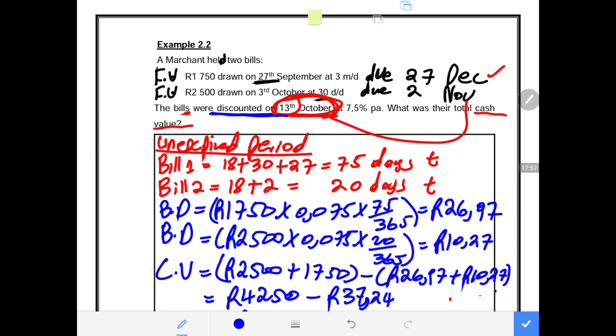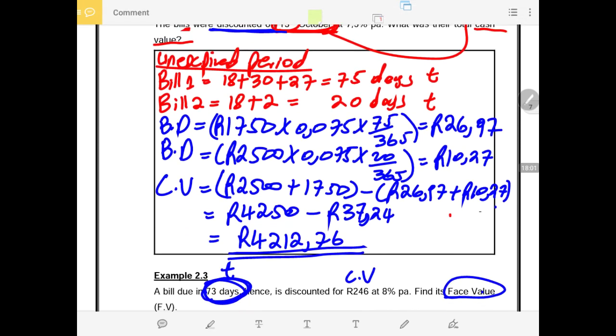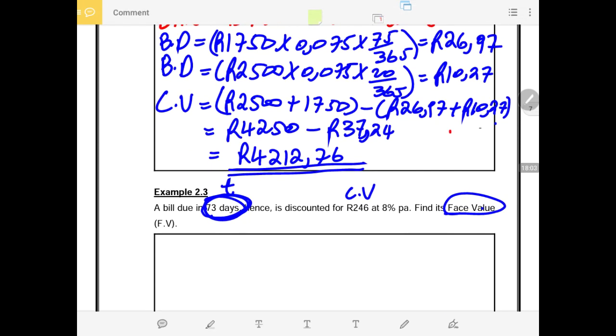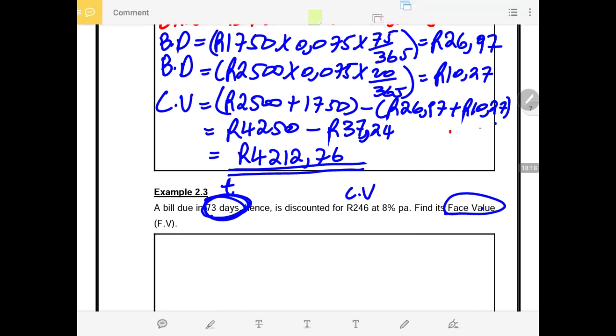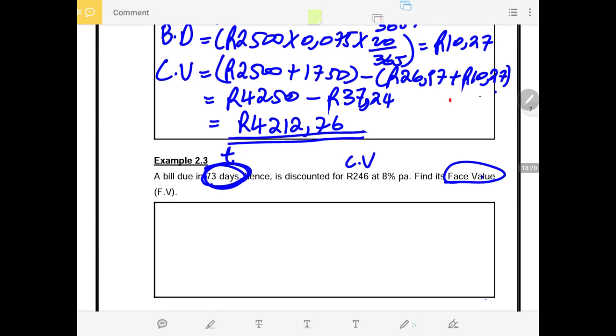We're looking forward and saying this bill was due in 73 days. So 73 days becomes the unexpired period, and it was discounted for cash, and we received 245, and we are required to calculate the face value of the bill.